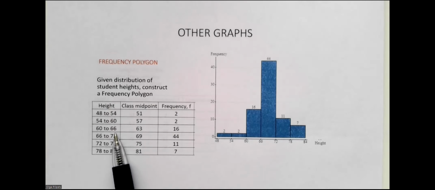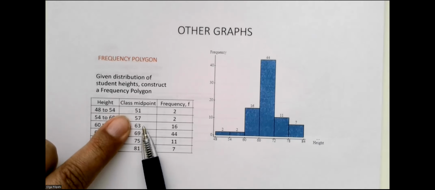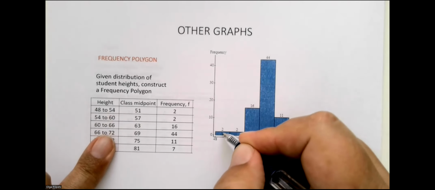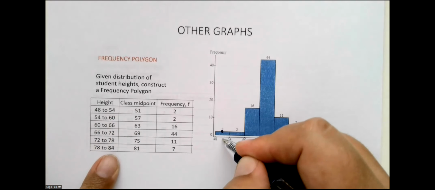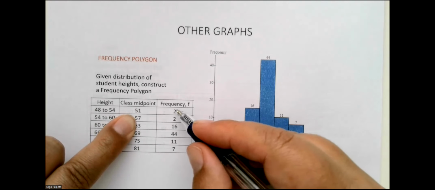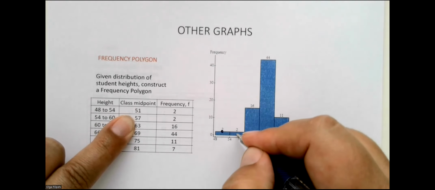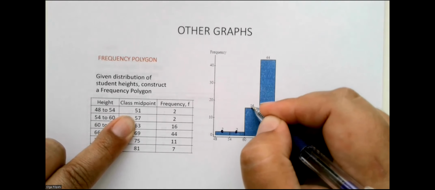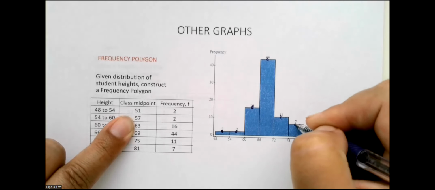You group your data and find the frequencies of each group. But here, instead of doing bars, you find the class midpoint, so your x coordinate is your class midpoint and your y coordinate is your frequency. You put those points on your graph and then connect them.